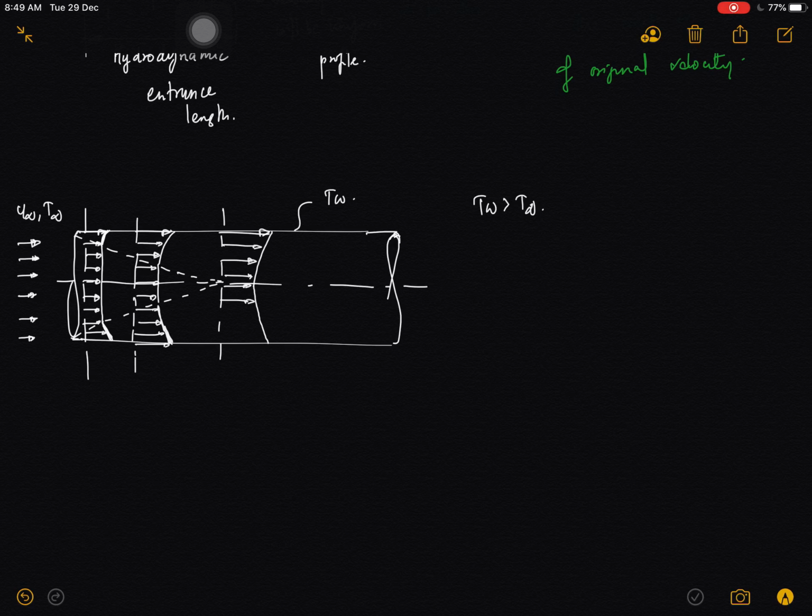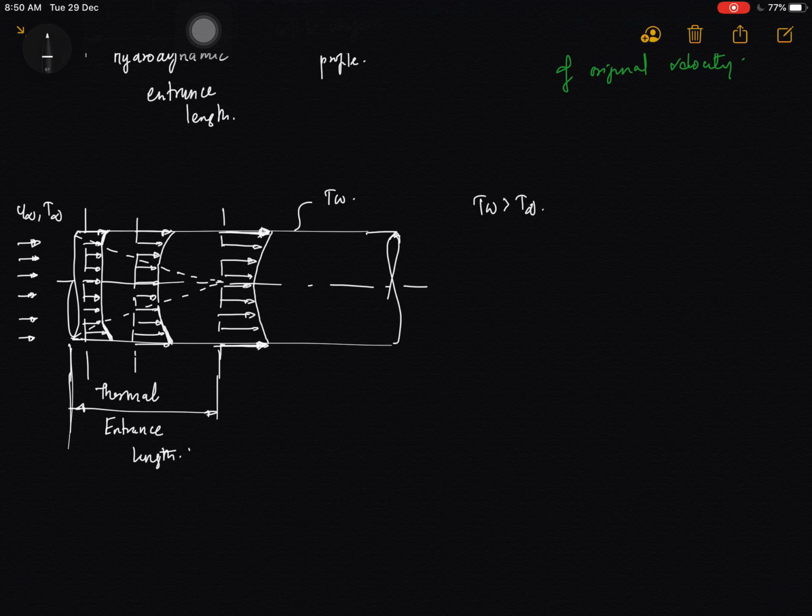It's not uniform, but the temperature variation will be like this after this particular length, and this distance from the entrance of the pipe is called the thermal entrance length. Okay, so that's about the entrance length in thermal flow.